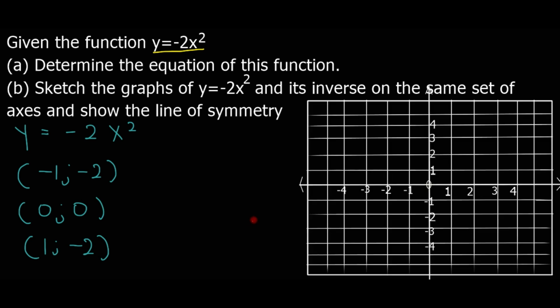We plot -1 and -2 over here, and then 0 and 0, and then 1 and -2. So now our graph looks something like this, and then y equal to minus 2x squared.